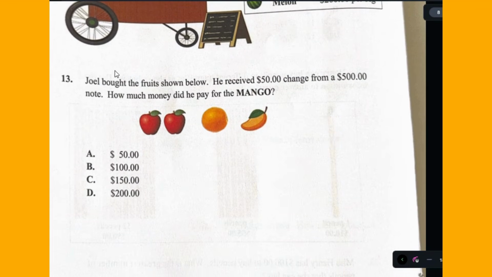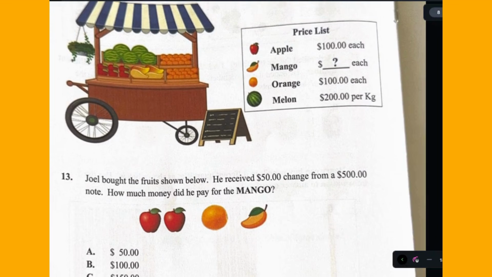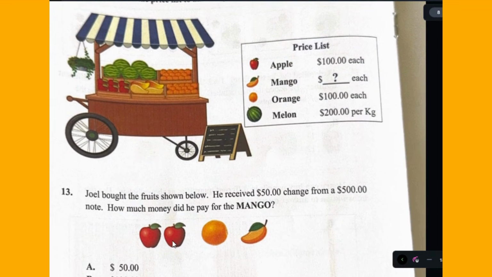Question 13 says, Joel bought the fruit shown below. He received $50 change from a $500 note. How much money did he pay for the mango? So he bought 2 apples, an orange, and a mango.